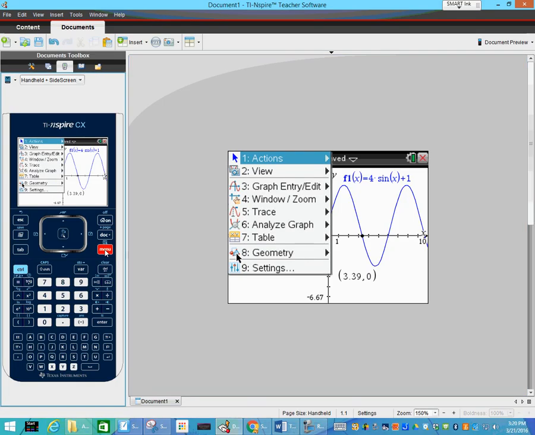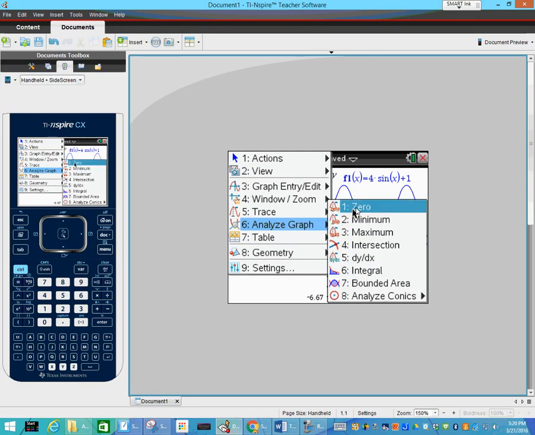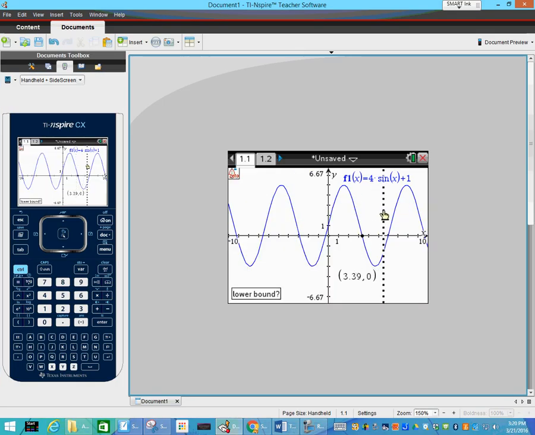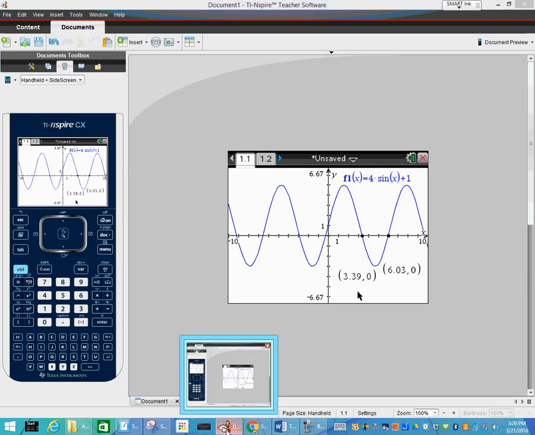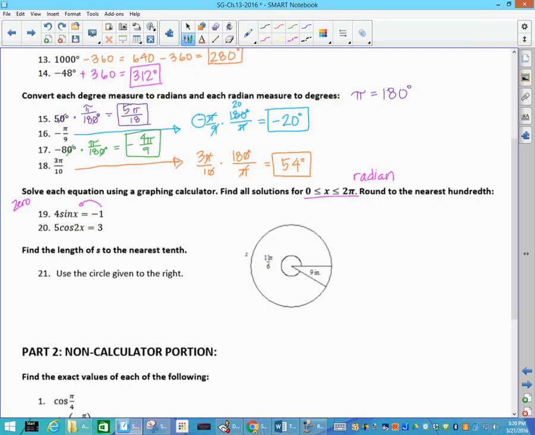So I hit Menu, Analyze, 0, go on the left side of the 0 and then the right side of the 0 that I want. Both of those numbers are less than 6.28, which is between 0 and 2 pi. So for this first one, my answer will be x equals 3.39, and the other one is 6.03.